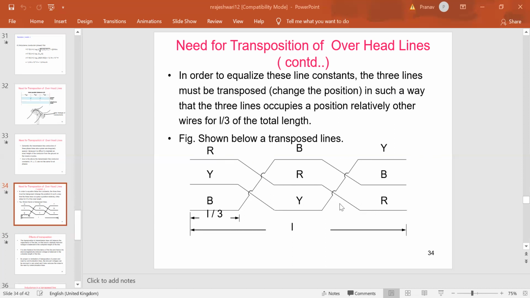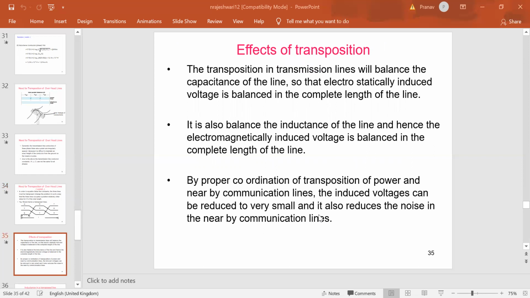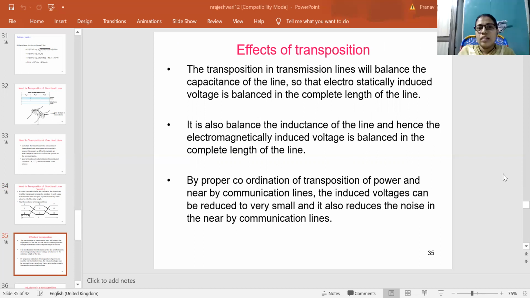This is the transposition of the overhead transmission lines. Now we'll see the effects of transposition. Transposition in transmission lines balances the capacitance of the line, so that the electrostatically induced voltage is balanced in the complete length of the line. It also balances the inductance of the line, and hence the electromagnetically induced voltage is balanced in the complete length of the line.